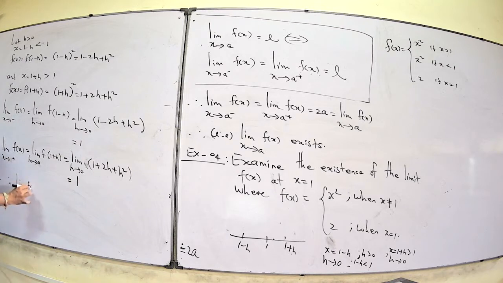The limit of f of x as x tends to 1 minus equals the limit of f of x as x tends to 1 plus. This value is equal to 1.